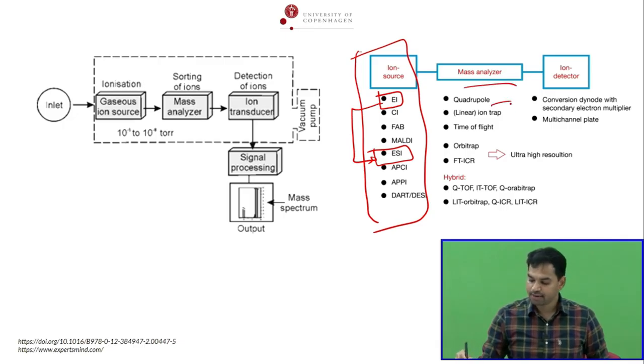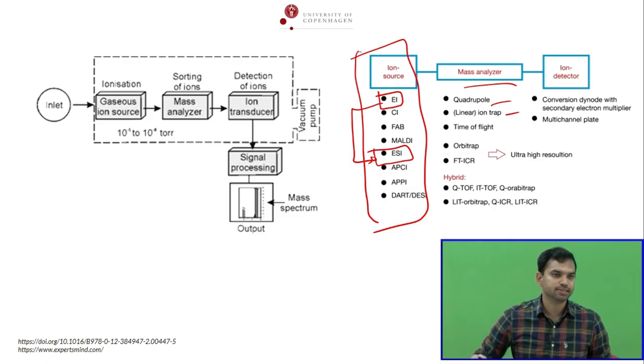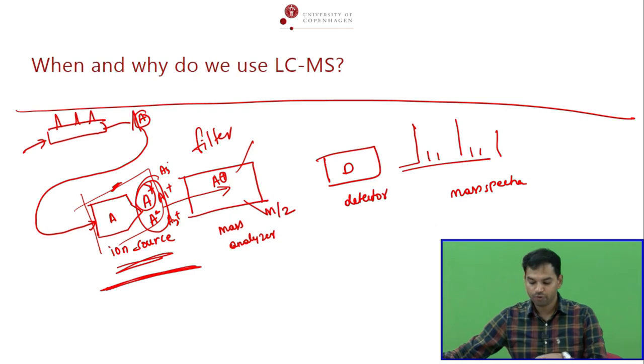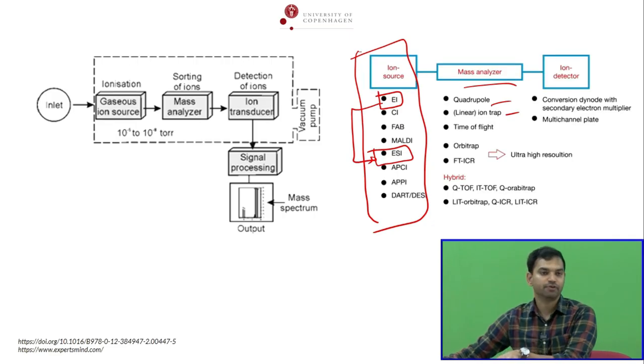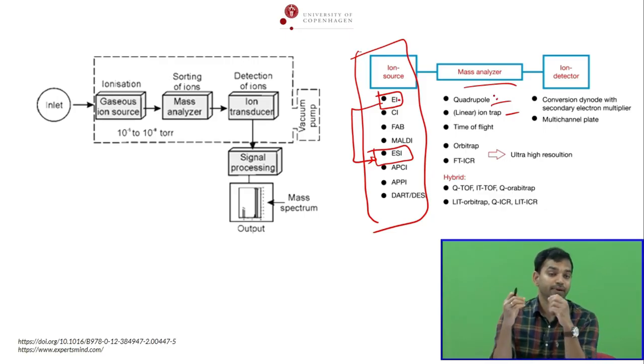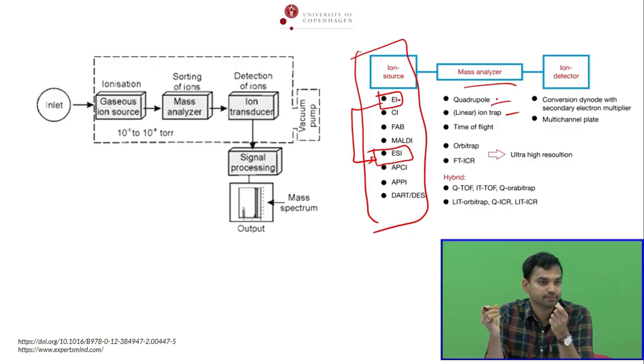The mass analyzers are many: quadrupole, ion trap, TOF, orbitrap. You must have heard about LC-TOF, LC-Q-TOF, LC-orbitrap, LC-triple quadrupole. There are a lot of mass analyzers available, and they filter the ions differently. Depending on how you want to filter, you get a different piece of equipment. So depending on the source and the mass analyzer, the price of the instrument also varies.